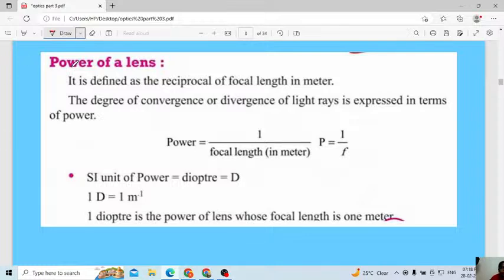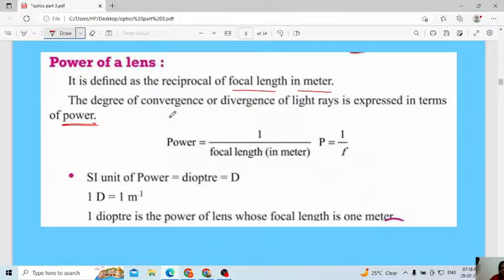Okay. Then what is meant by power of a lens? Power of a lens is nothing but the reciprocal of focal length in meters. Hi, Prema. Remember, power of a lens is nothing but the reciprocal of the focal length. Power is equal to 1 by f. The degree of convergence or divergence of light rays is expressed in terms of power.